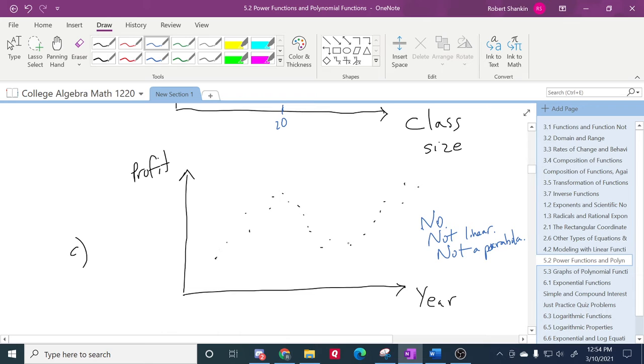When it's got two humps, we also call these turning points. It turns from going uphill to downhill. Two turning points, we can't do it either way. But what we're going to find out today is that this could be modeled with a higher degree polynomial.